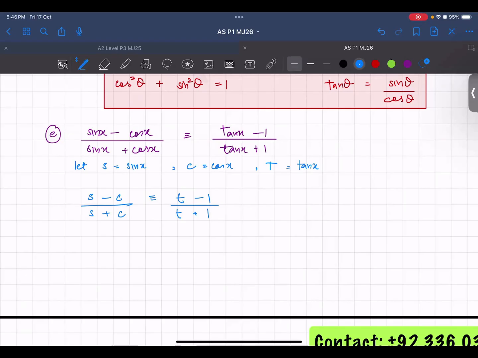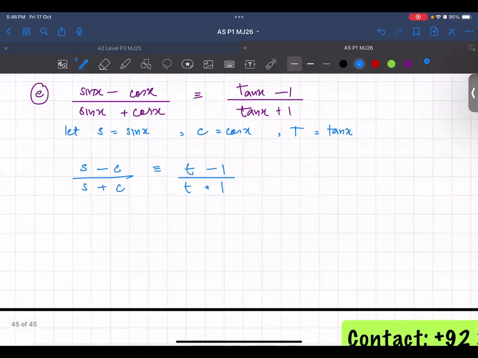Sometimes your equation becomes so big and complicated, especially in A2, that things become very jumbled up and you may make silly mistakes in multiplication and simplification. In this way, you can improve your work.